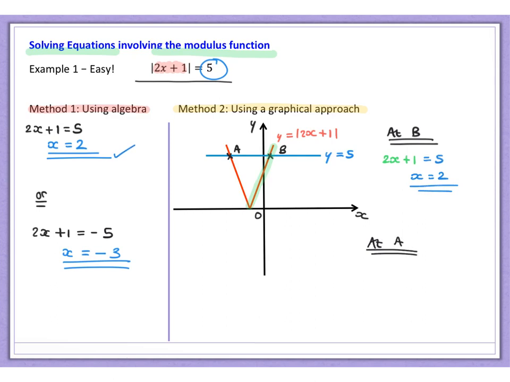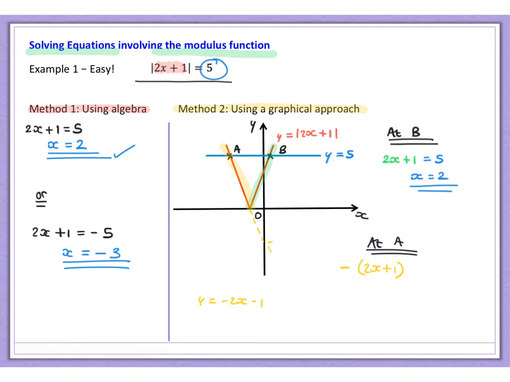Now at A, something a little bit different is happening. At A, this portion of the graph is the line y equals negative 2x plus 1, like that, or y equals minus 2x minus 1. You can see that. Imagine tracking this graph backwards.